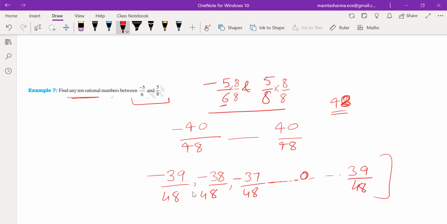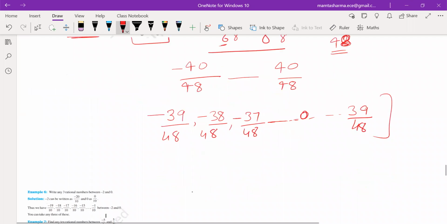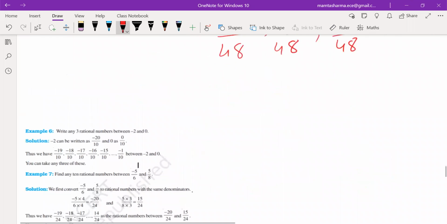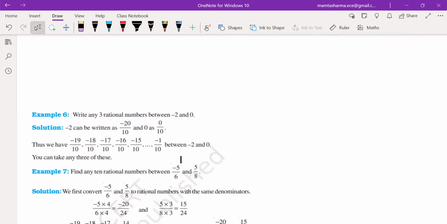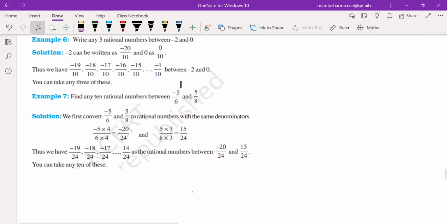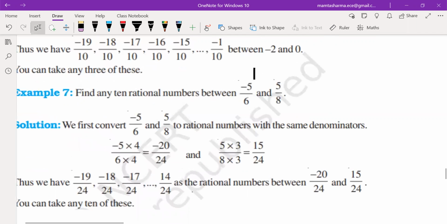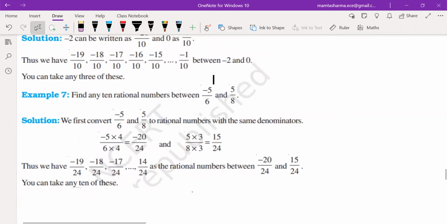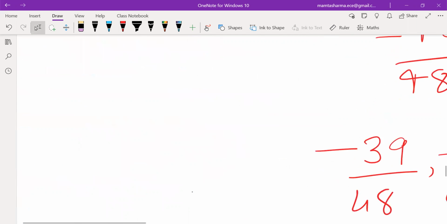If they have asked only 10, pick any 10 numbers and write them. Now we'll see a few more questions based on this topic.